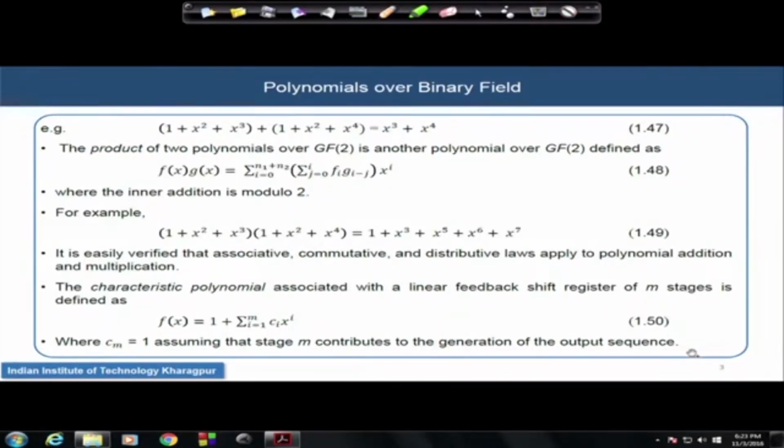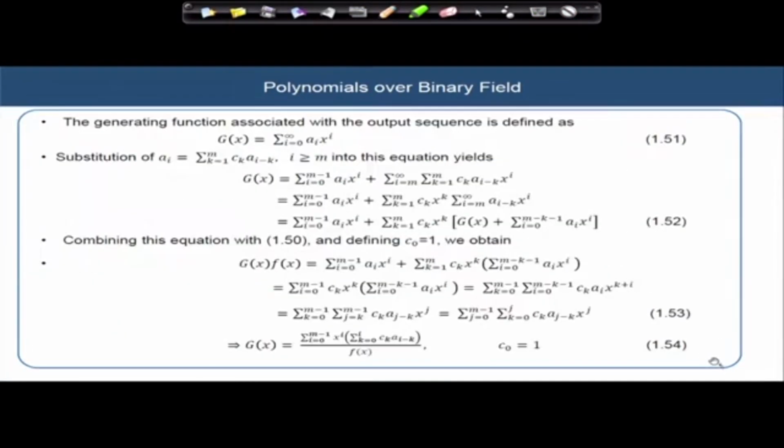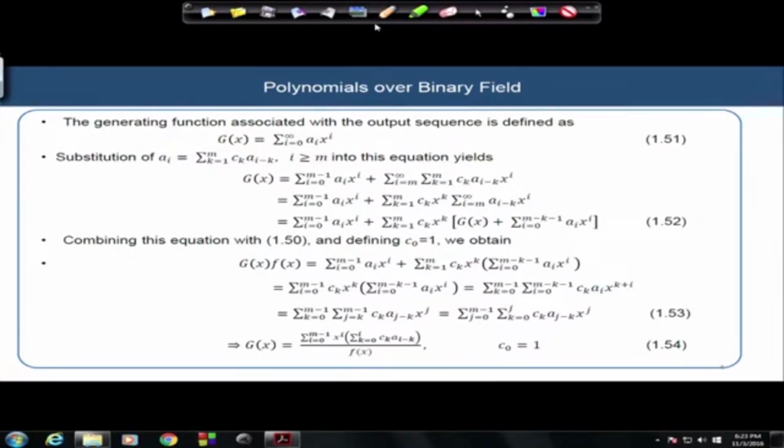Given this characteristic polynomial, now we would look into the generating function. The generating function of a linear feedback shift register is given by g x. It is directly related with the output.